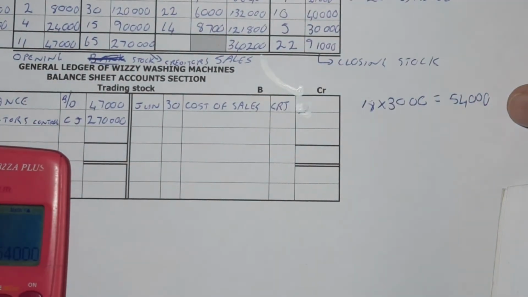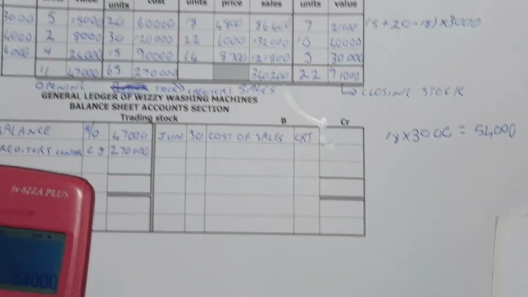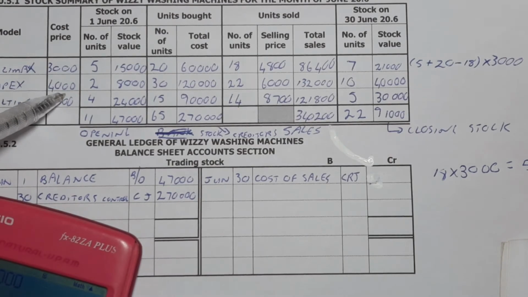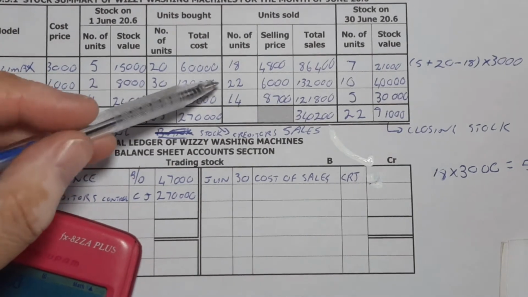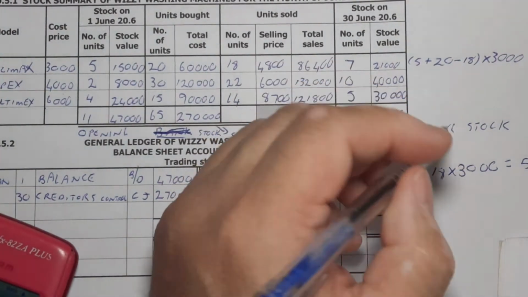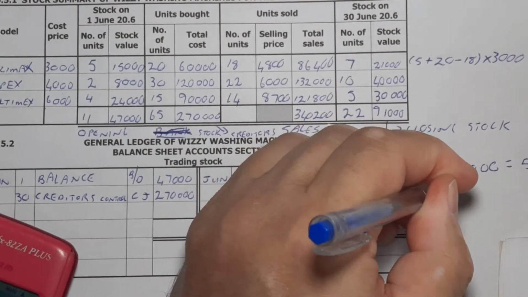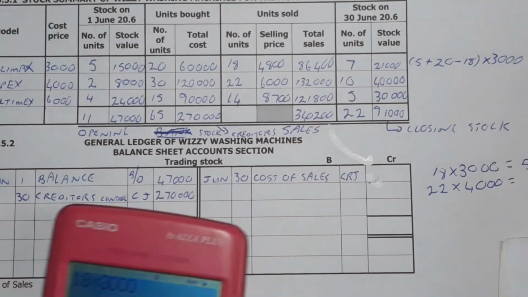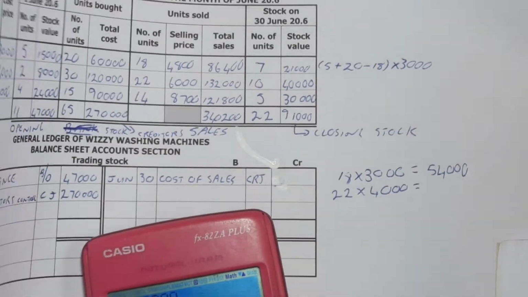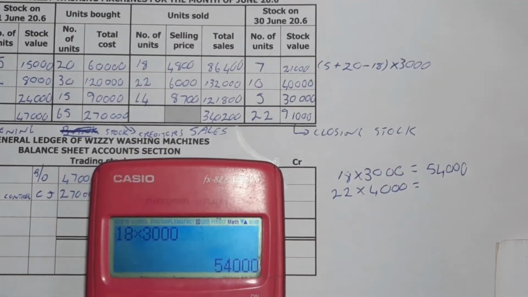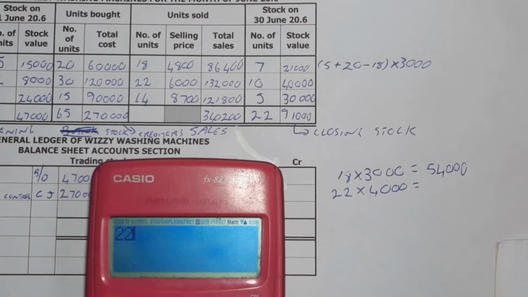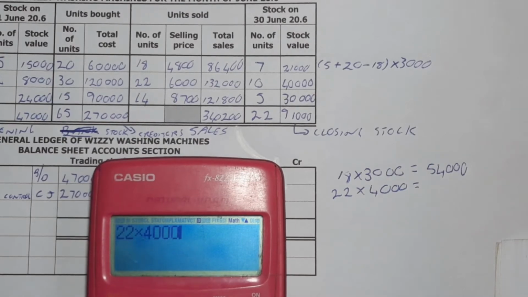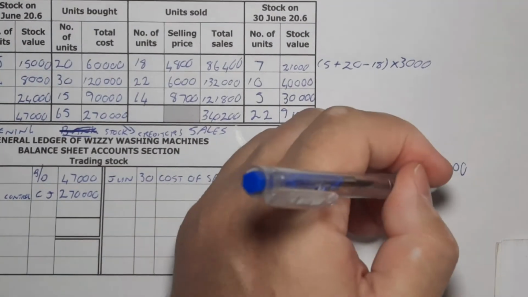We've got the 4,000, the Apex. The cost price is 4,000, and we sold 22. So that would be 22 times 4,000, which gives us 88,000.